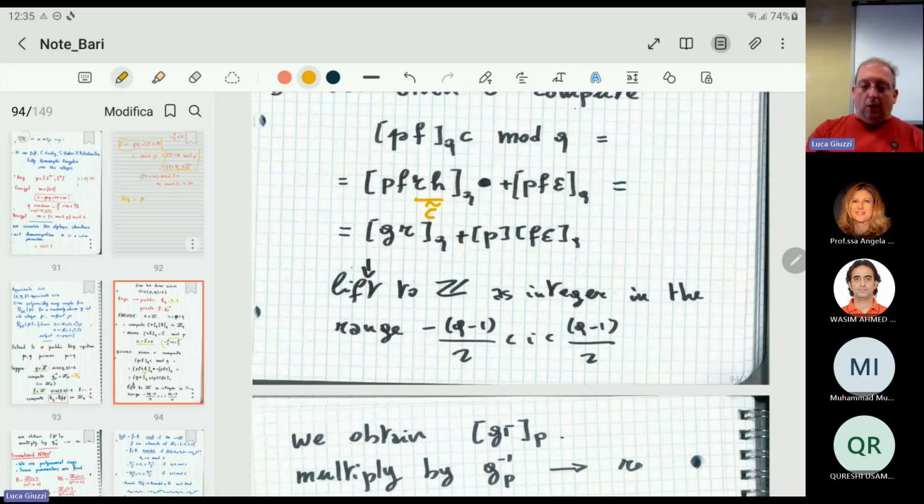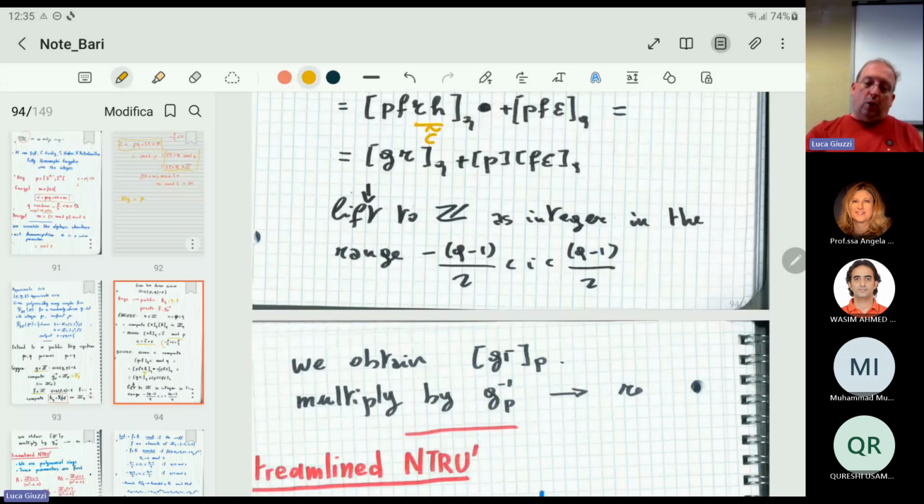Now we can lift this class, regard this class, which is a congruence class modulus Q, as an integer which is between minus (Q-1)/2 and plus (Q-1)/2.